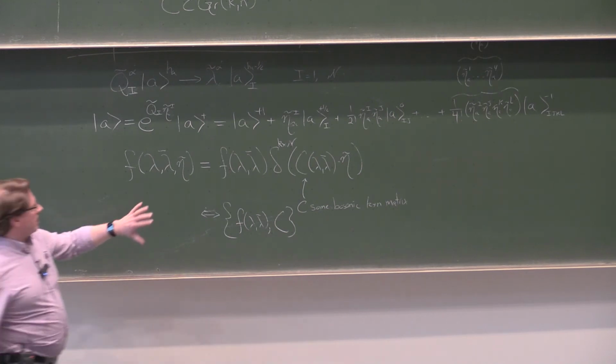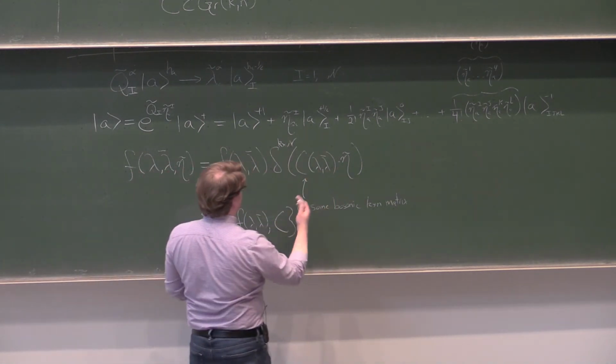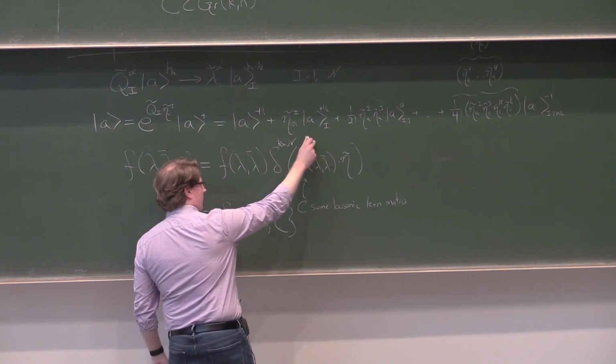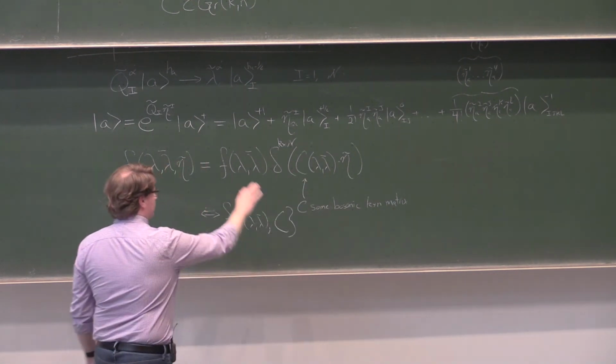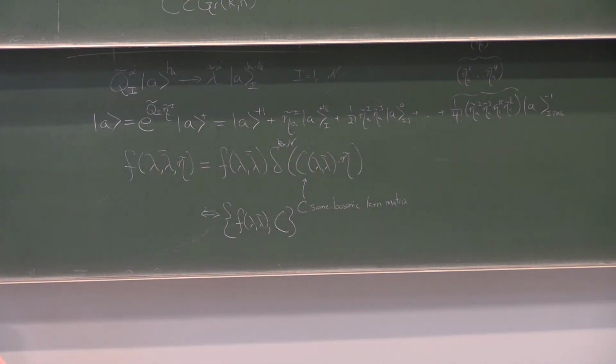All I need to do is encode this function, and that function is encoded by this thing and a matrix of functions. So let me define what this delta function is here.